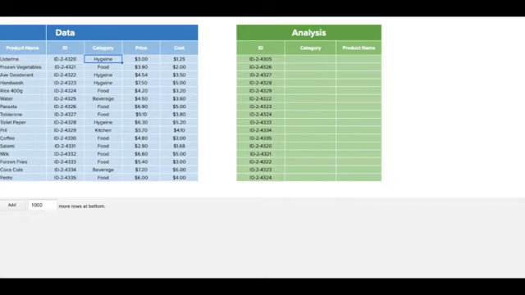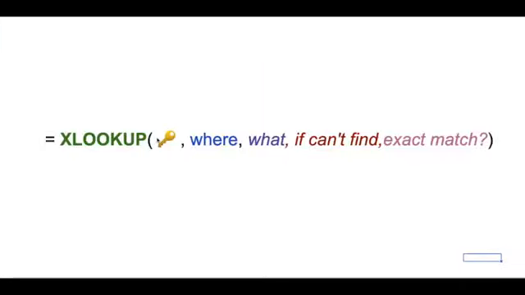So let's just go ahead and understand what elements XLOOKUP requires. XLOOKUP primarily requires the key, and the key is a value, a unique ID that you're looking for in another table. Make sure that whenever you're looking up something, the key should always be unique so it can match and bring you an exact value of what is present in the other table.